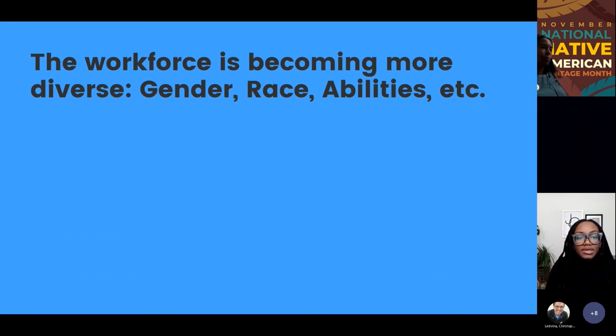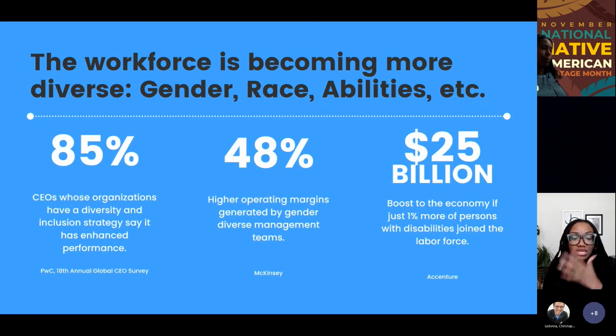And also, this is some data that just really wowed me every time I look up these facts and figures. But 85% of CEOs whose organizations have a diversity and inclusion strategy say it has enhanced performance.